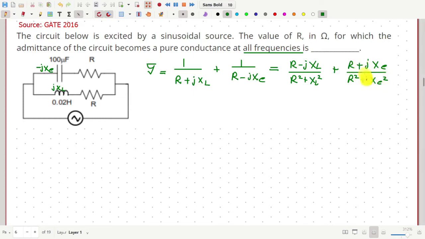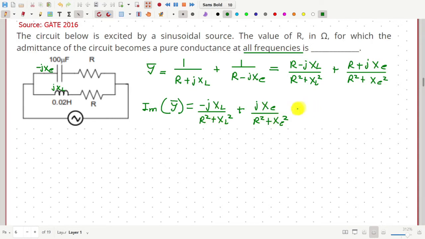Now the imaginary part of this admittance, this complex number, is equal to minus jXL by R squared plus XL squared plus jXC by R squared plus XC squared.